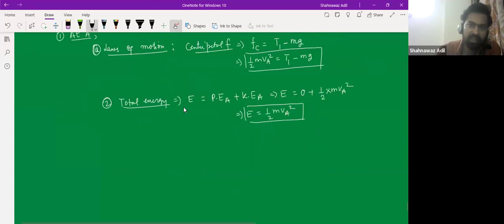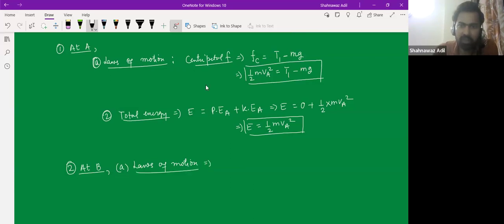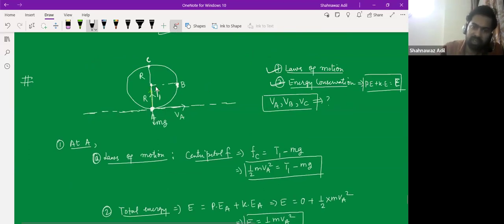Now the second part, at B. At B, the first thing is laws of motion. What does this say? I have tension here, let's say T2, and this part is mg, and this is moving in this direction with vb.